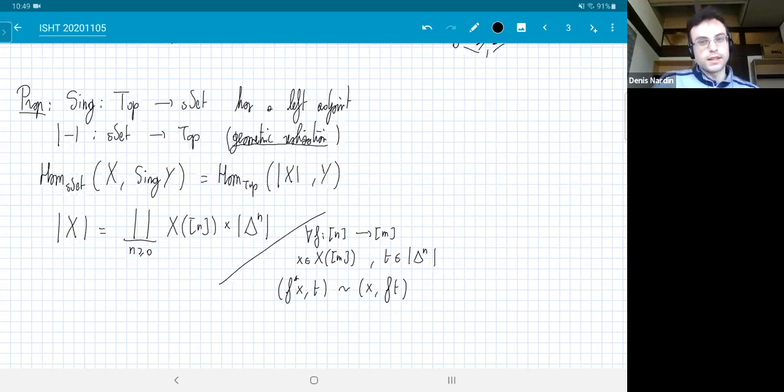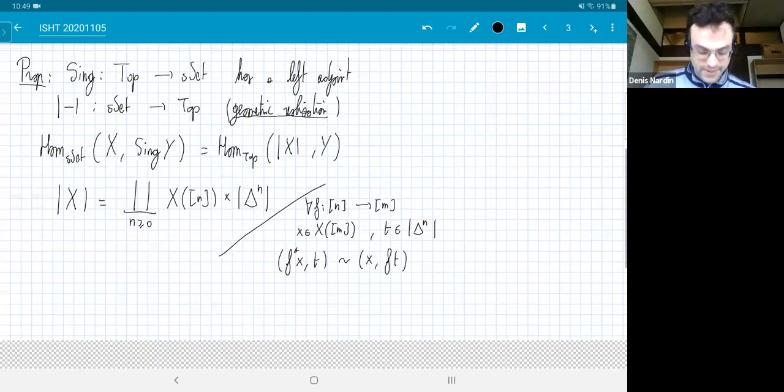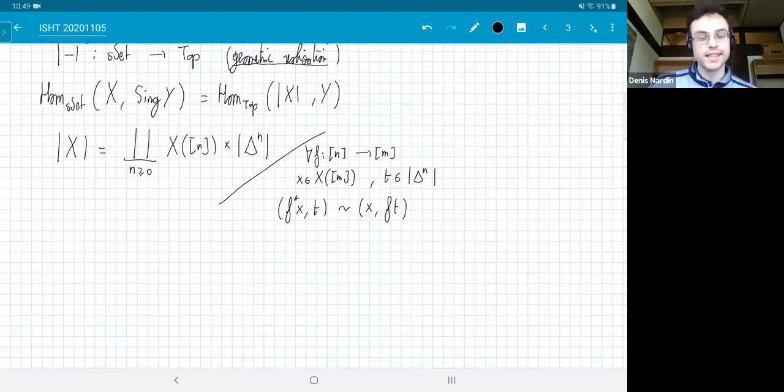So for those of you that are categorically minded, this is secretly a coend, but I'm not going to mention the word coend ever again. I mean, there are some advantages of thinking very categorically, but I don't think this is one case of it.